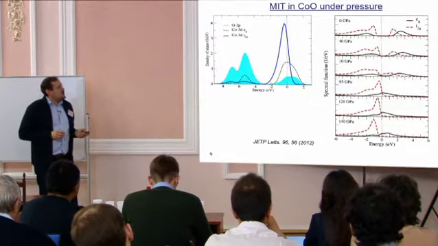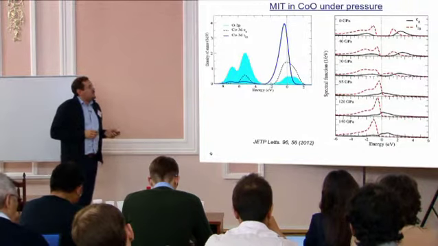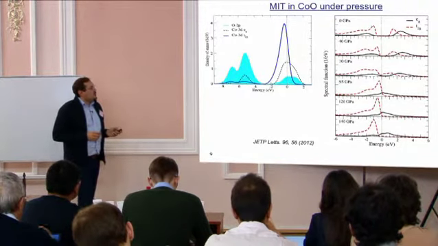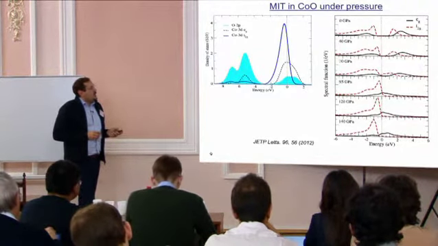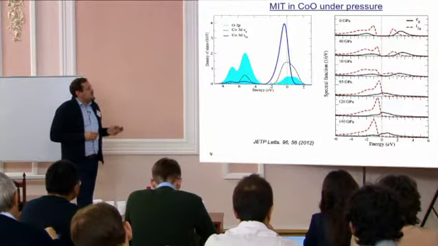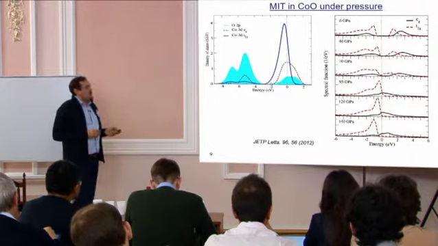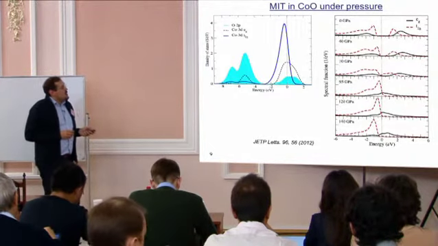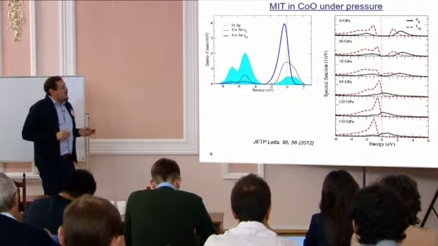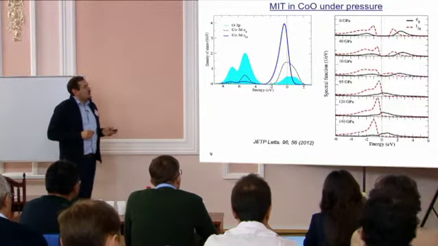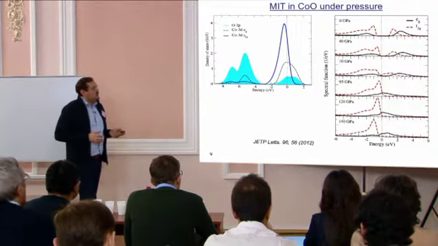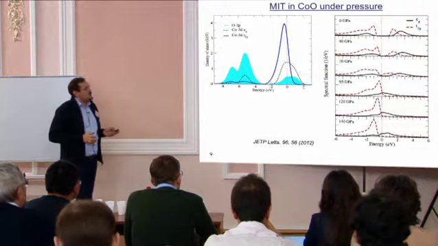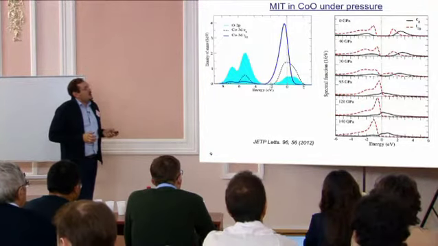A similar situation was later found in cobalt oxide, and these results correspond to the LDA calculation. So it's again a metal in usual DFT calculations, and one needs to apply LDA plus DMFT methods to reproduce its insulator nature.